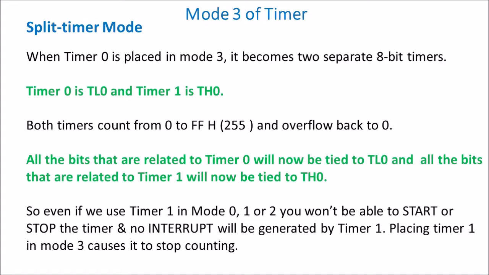And if you use mode 3 for the actual timer 1, then it will stop counting. So here the main thing is that we can use timer 0 as two different 8-bit timers. TL0 is used as a timer 0 and TH0 is used as a timer 1. So it is called a split timer mode.